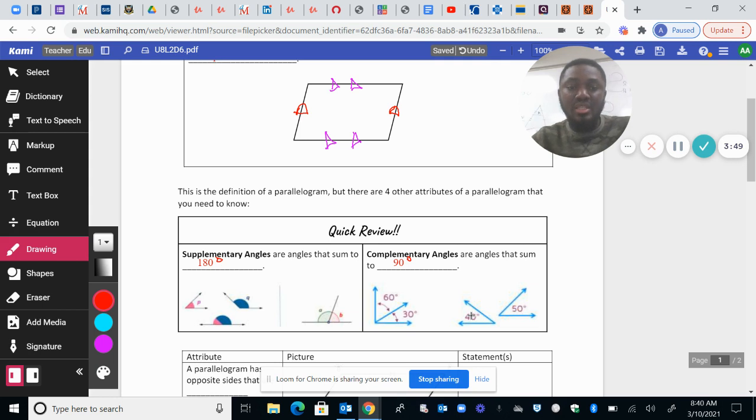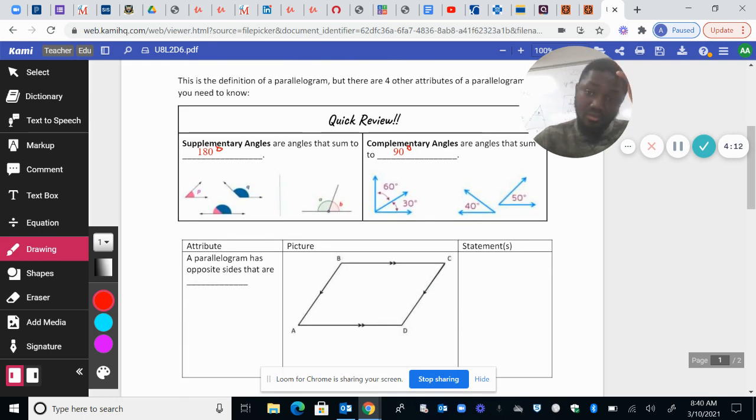So the two angles are said to be complementary. The same thing goes with 30 and 60. A 30 degree angle is acute. A 60 degree angle is also acute. So putting them together, they add up to 90 degrees.